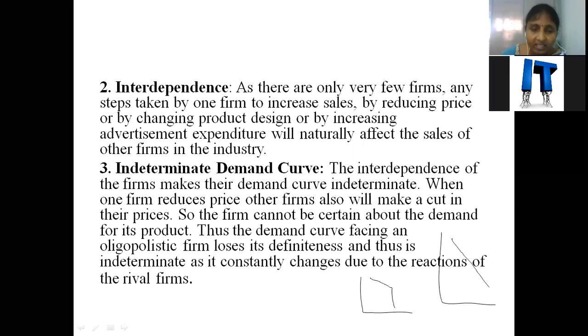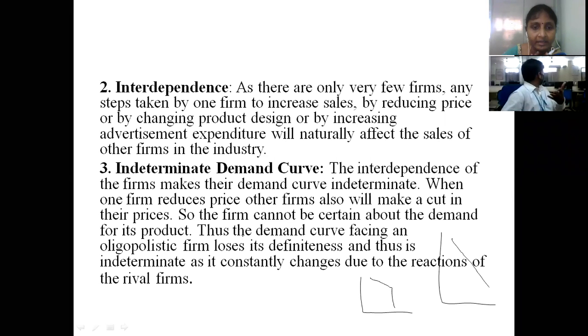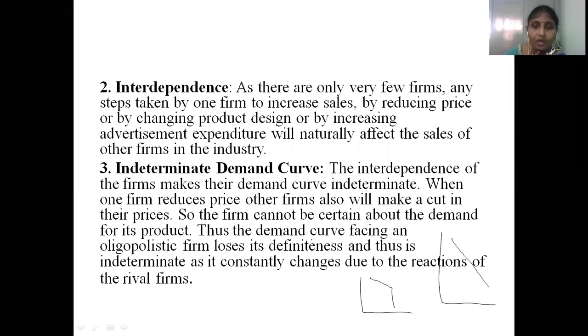In this case, we are reducing the price, but can we determine whether the sales are going to increase? No. That's why the demand curve is indeterminate. Thus the demand curve facing an oligopolist loses its definiteness. So that's why it is not falling in this way; it is coming in this format.